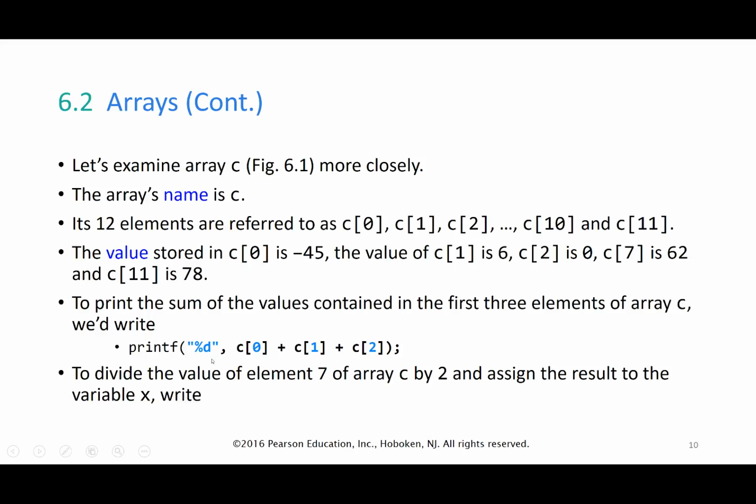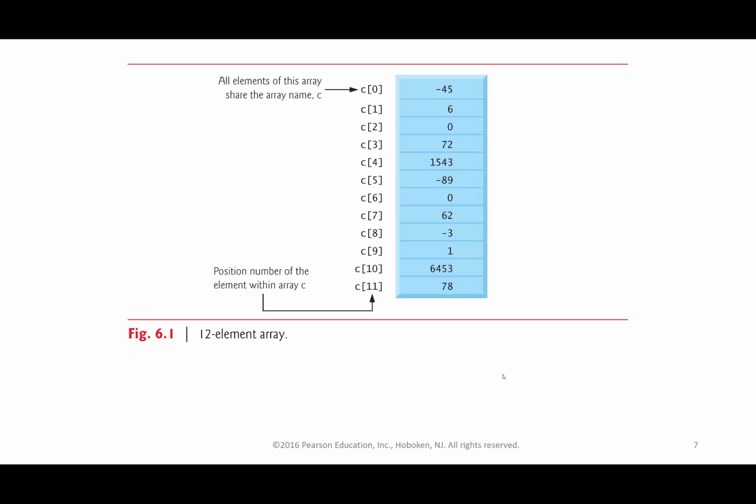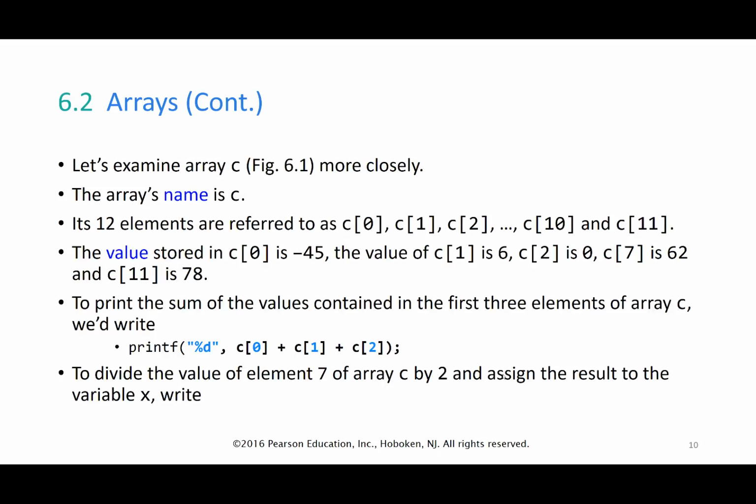Here, we're just doing a printing where we're going to take C[0] plus C[1] plus C[2]. Now, each one of these elements of the array is a value stored in memory. So we can treat each one of those as a separate variable.